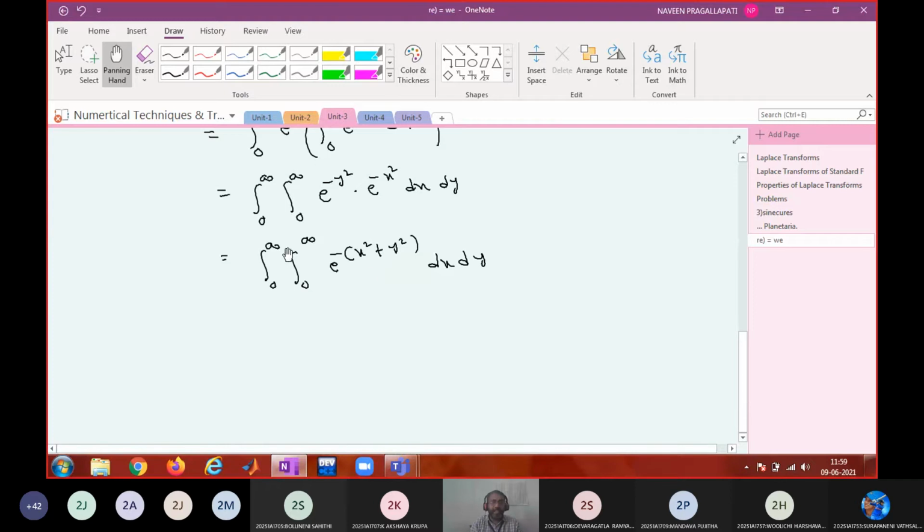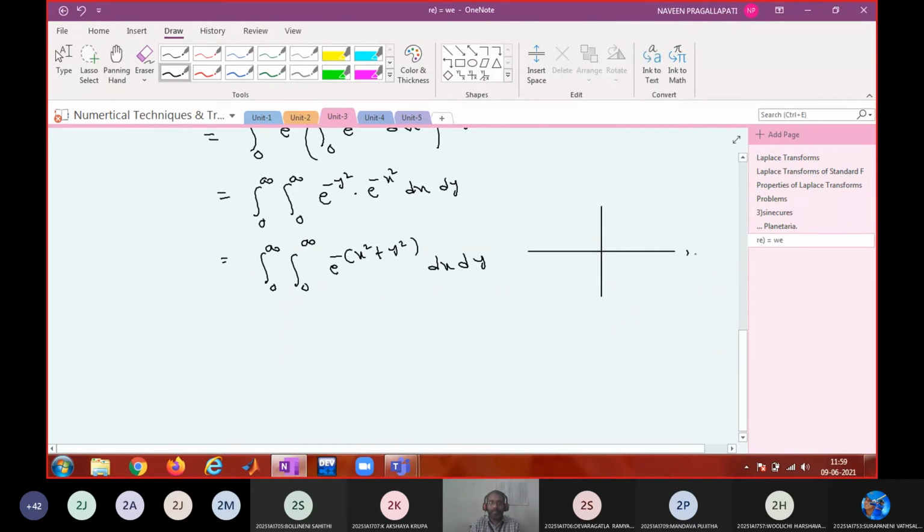What is the region of integration for this double integral? x varies from 0 to infinity, y varies from 0 to infinity, means what? x varying from 0 to infinity, and y varying from 0 to infinity.